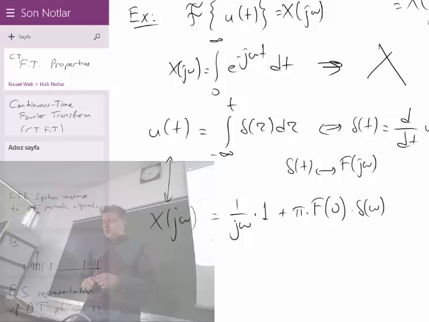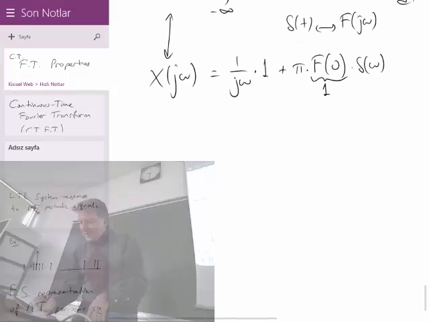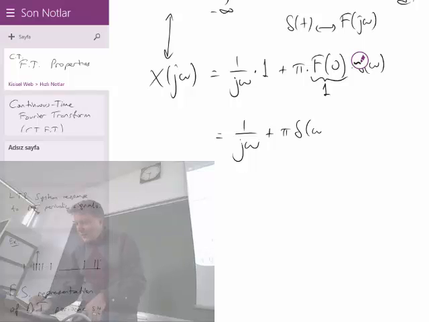What is the Fourier transform of impulse at 0? What is F of 0? 1. It's 1 everywhere. So the whole thing will be equal to 1 over j omega plus pi times delta omega.